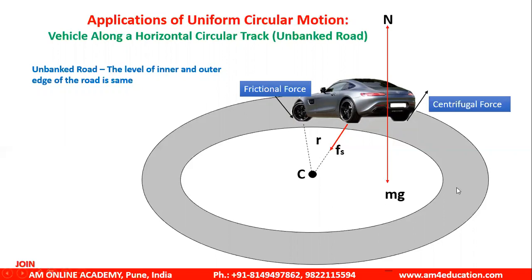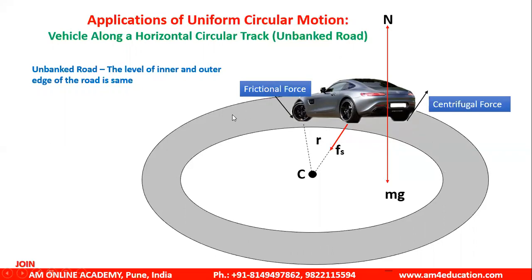Now this is the car which is moving on this unbanked track. Between the wheel tires and the surface of the road, there is a force which is called frictional force.